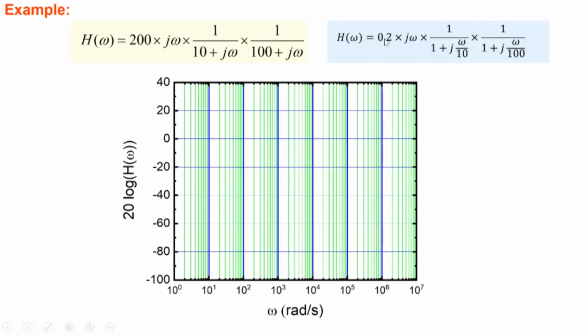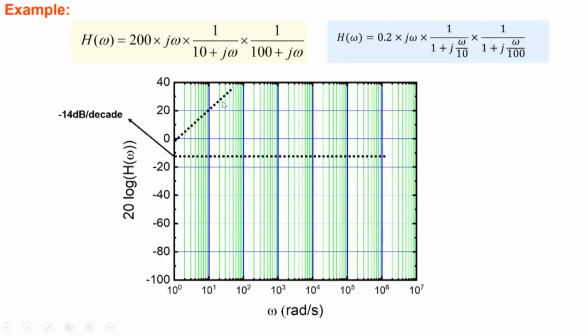So for the first one, take 20 log 10 of 0.2. I think this is minus 14 dB. So that's this particular part. This part, j omega, will be like this. We can write it as omega by 1, so it intersects the 0 dB point at 1 radian per second.